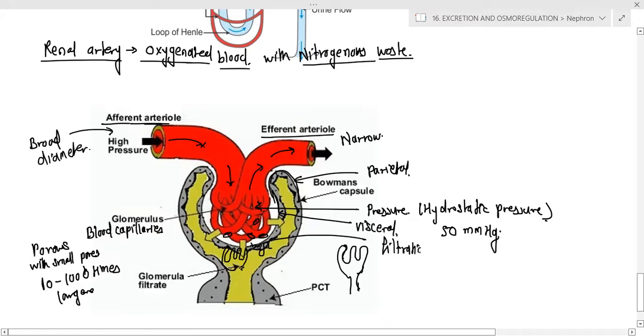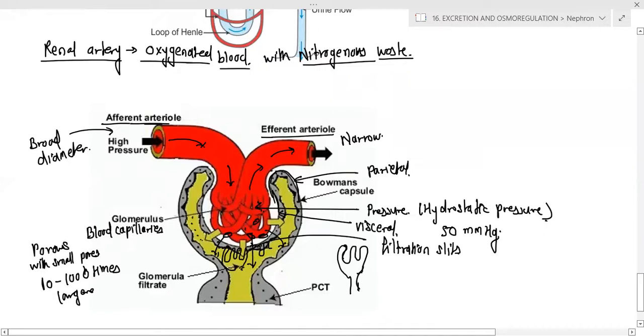Filtration slits. Okay, so there are even filtration slits. Remember these pores, there are filtration slits. This is creating pressure. Because of all these things, blood gets filtered, and the filtrate enters inside over here, correct?